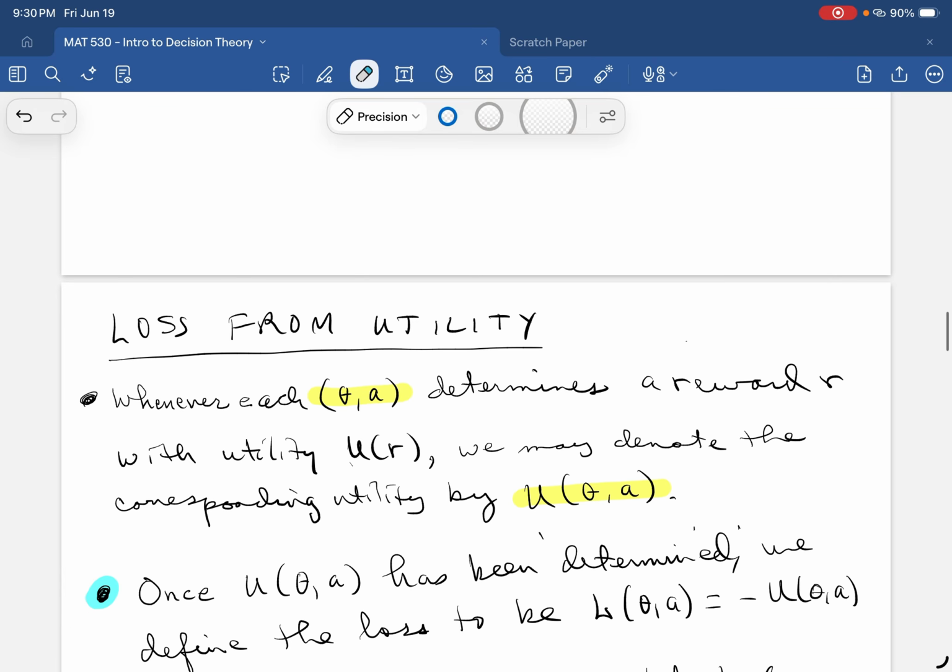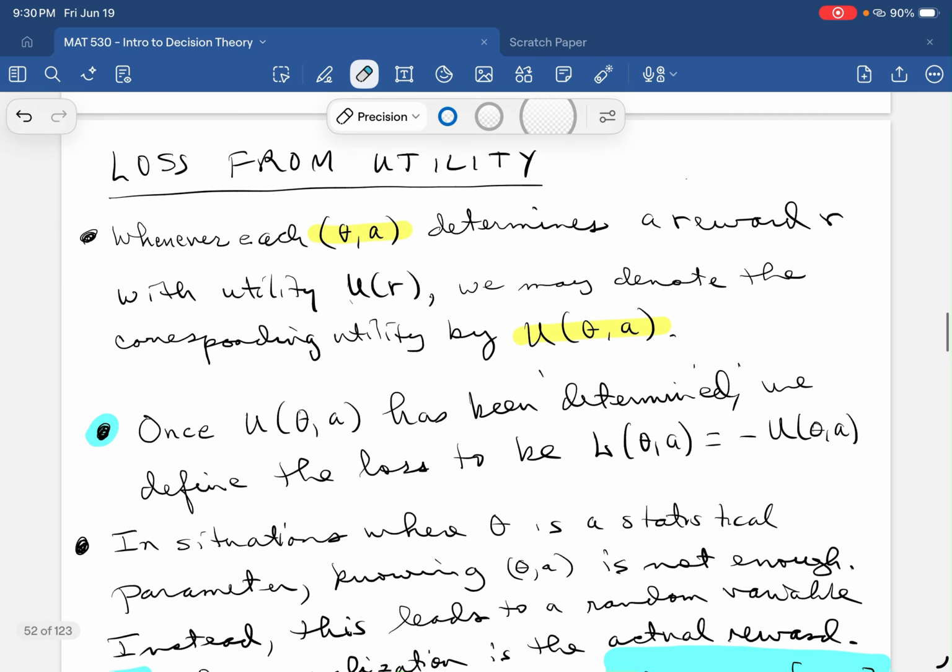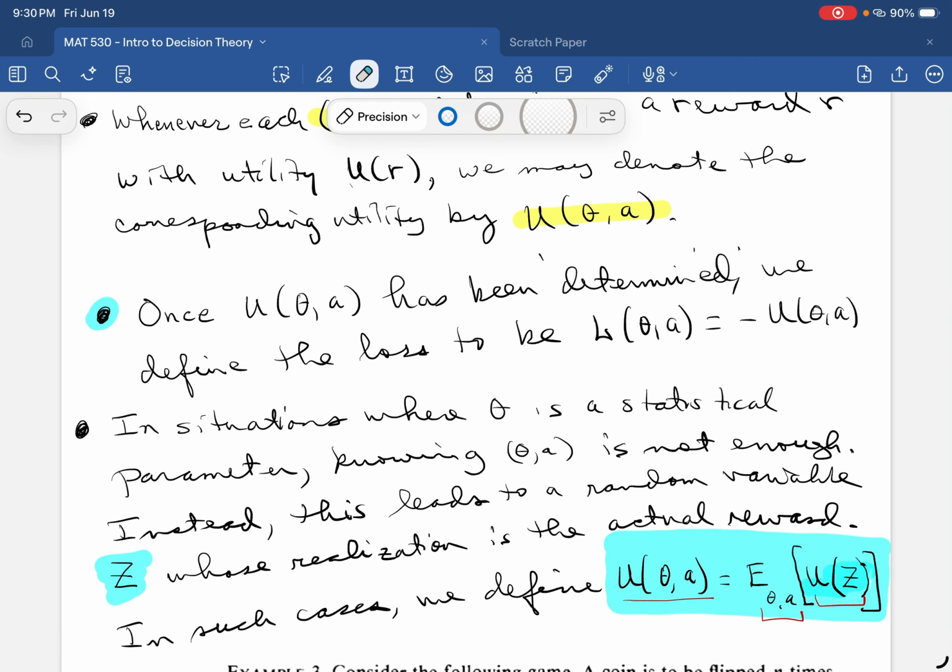In some situations, however, knowing theta and a does not allow us to determine exactly what the reward is. This occurs in the situation where the value theta is a statistical parameter. So there are some situations where once we know what theta is and what our action is, that leads us to a random variable, or there's still some randomness inherent in the problem, which we model as a random variable.